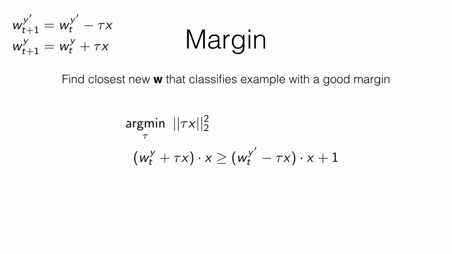And at this point, we can do a little algebra. So don't be scared that the screen's about to fill up with equations, but basically I'm just doing step-by-step simple algebra. So what we're going to do is distribute that x inside the parentheses on both sides of the equation, right? You see how there's a w plus tau x times x. Well, let's just distribute that x into the parentheses, and we get this.